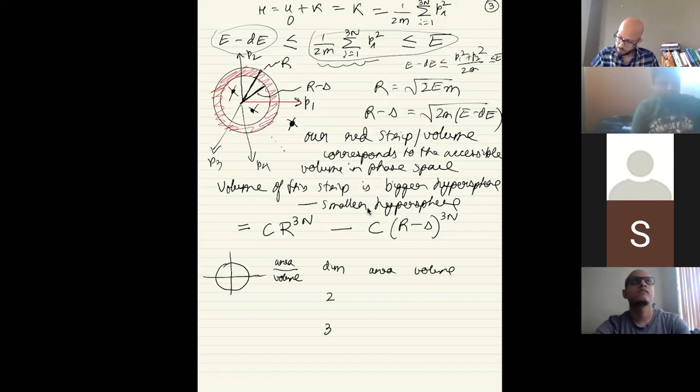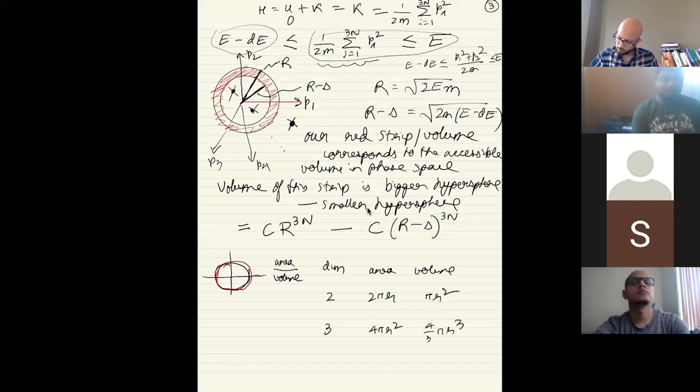In 2 dimensions, by area, I mean the circumference. So in 2 dimensions, the area is 2 pi r, and the equivalent of volume is pi r square, right? In 3 dimensions, the area is 4 pi r square, and the volume is 4 by 3 pi r cube.